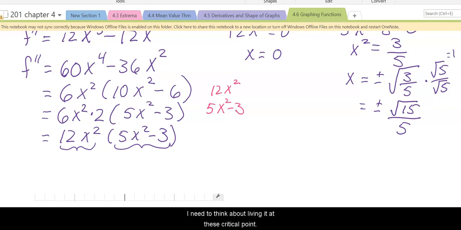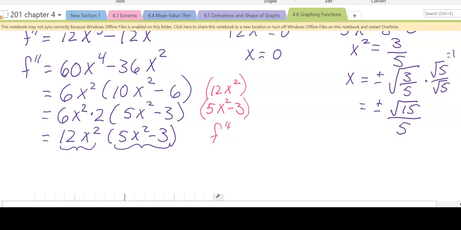I need to think about splitting it at these critical points, but I can leave the factor together if I want to. These two multiplied together do give me the second derivative, but notice that I got 2 solutions out of the quadratic factor, and that means I will have to have 2 vertical lines for that one factor.